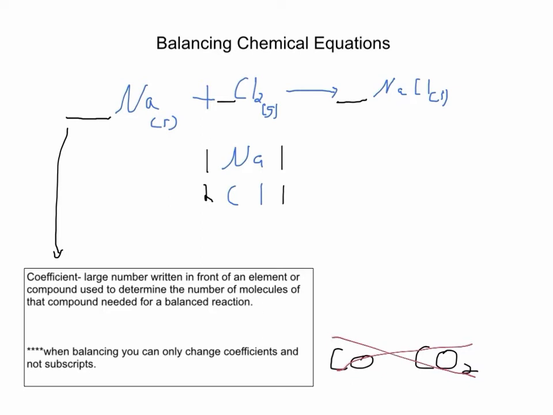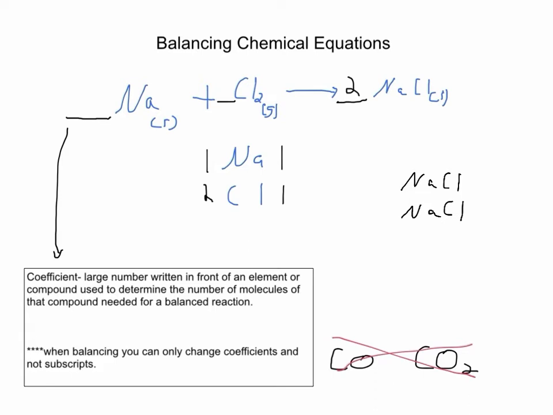So how can we change the coefficients to make this balance? Well, I need two chlorines. So the way I'm going to get two chlorines on the product side is I can put the number 2 in front. And by putting the number 2 in front of this compound, what it's really saying is I have 2 sodium chloride molecules, or formula units.